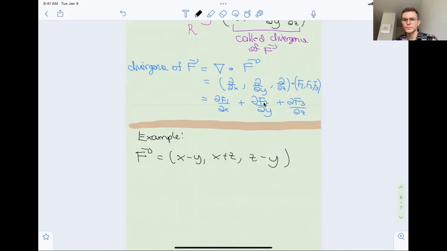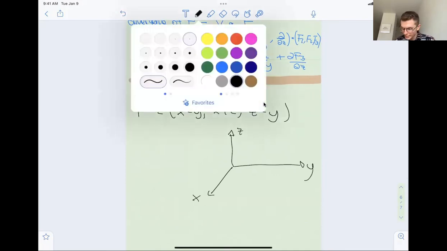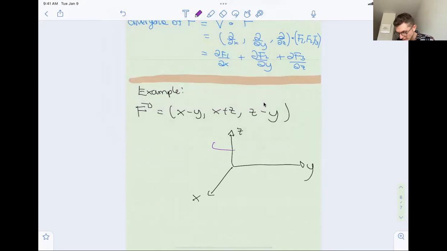Okay. Now here's the thing. I'm going to take a surface. As the surface, I'm going to take the unit disk at height 1. So this is, again, x squared plus y squared equal to 1 at height 1.